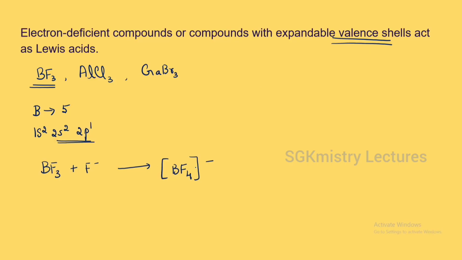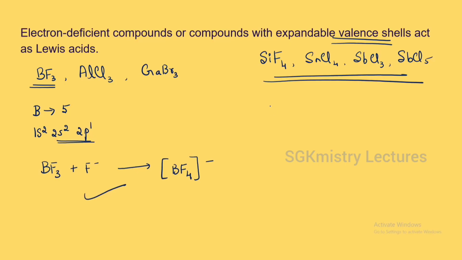Similarly, if I'm talking about compounds, let us say SiF4 or SnCl4, or you can take SbCl3 or SbCl5, such compounds where the central atom can expand its valence shell represent the Lewis acids. If you take SnCl4, it can form SnCl6, so already there are 4 plus 2, so 6, and the charge will be 2-, right?